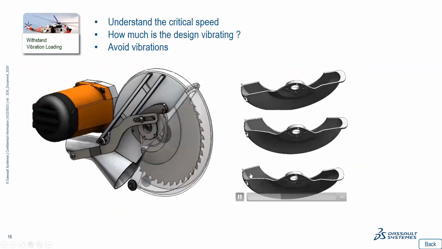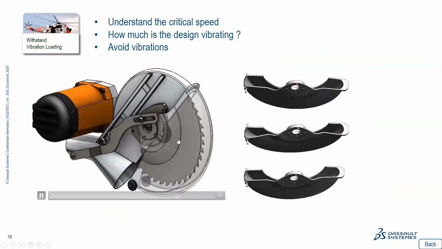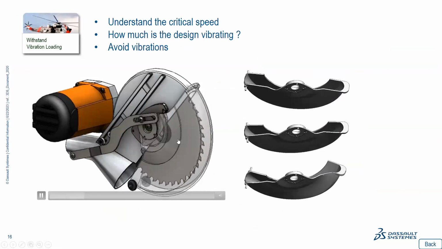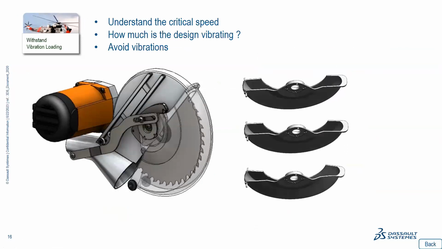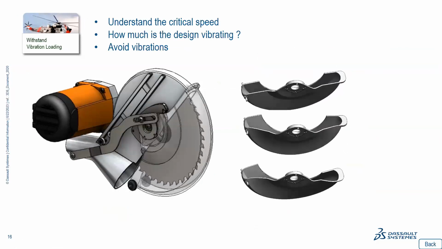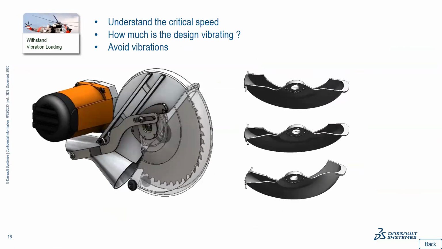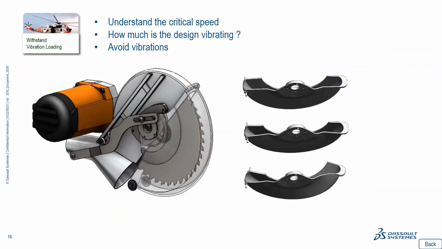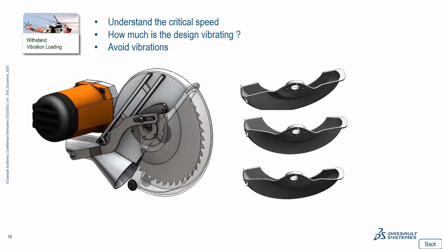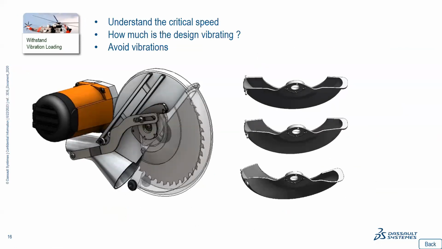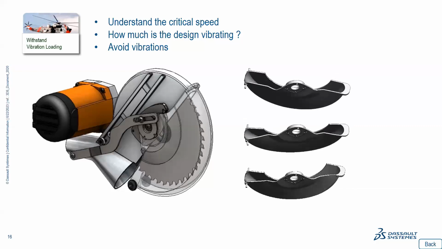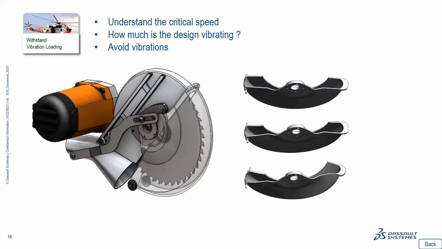Another type of domain we can have is when you have motions, when you have vibrations. Here we can see the behavior of your product when you have vibrations, or how to avoid vibrations, or maybe when you have some frequency. Maybe you know what a resonance frequency in a product is.